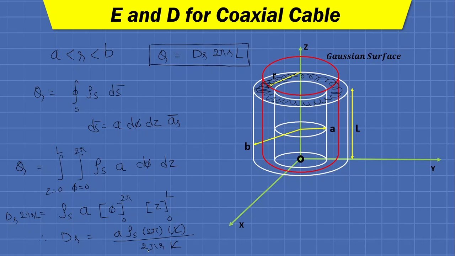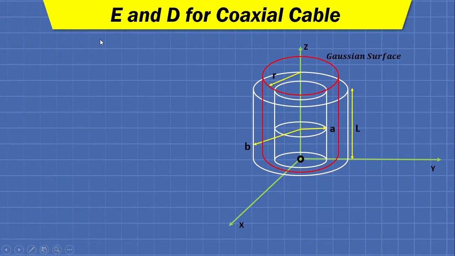So L will cancel out, 2 pi will cancel out. The only remaining thing will be rho s multiplied by a divided by r. So this will be the magnitude of the flux density. Fine. So from this value we can write in vector form D bar equals a rho s upon r a_r bar, but we have rho s equals rho L divided by 2 pi a.